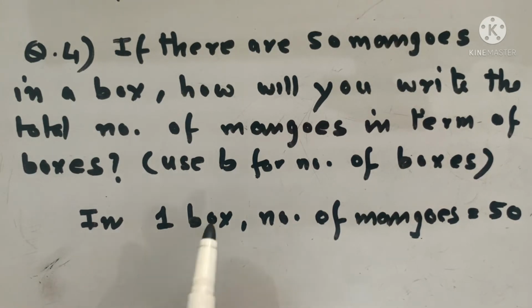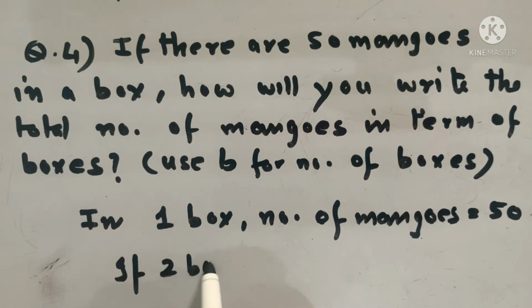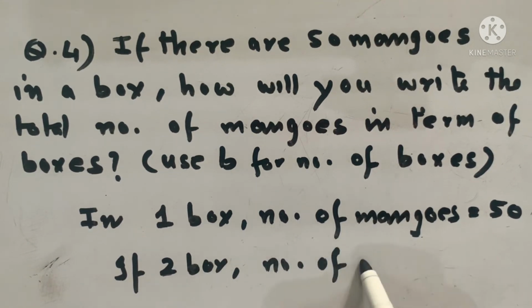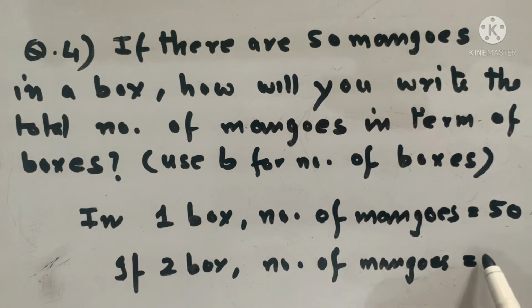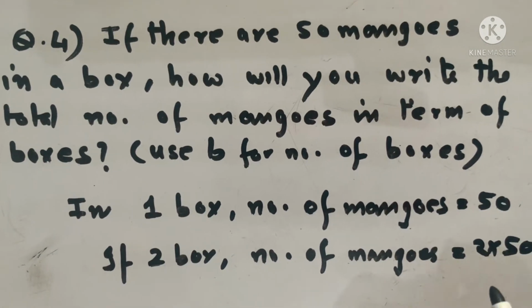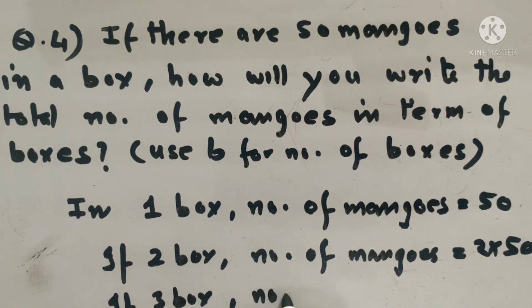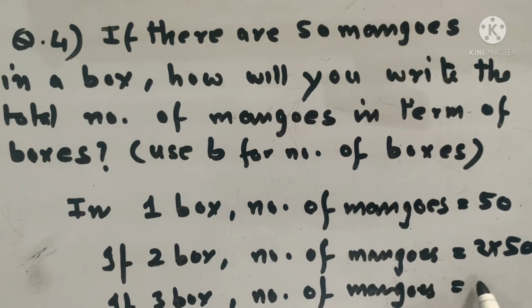Now if there are 2 boxes, then the number of mangoes will be 2 into 50. Similarly, if 3 boxes, the number of mangoes is 3 into 50.